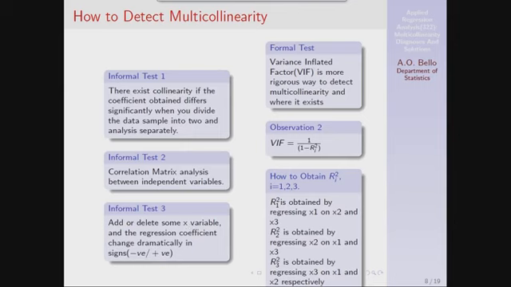When you first run the regression analysis on those 30 observations, you consider the sign of each coefficient. Let's assume we have data with 3 independent variables. You consider the signs of the coefficients of x1, x2, x3. Let's assume in the first analysis of the 30 observations, they are all positive: the x1 coefficient is positive, x2 coefficient is positive, x3 coefficient is positive.